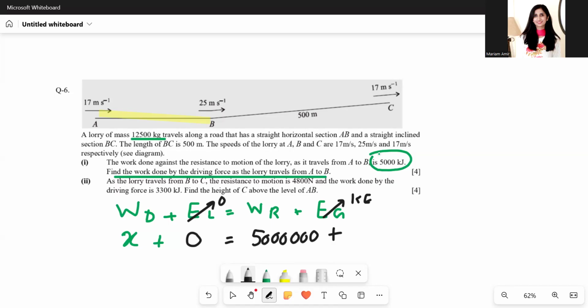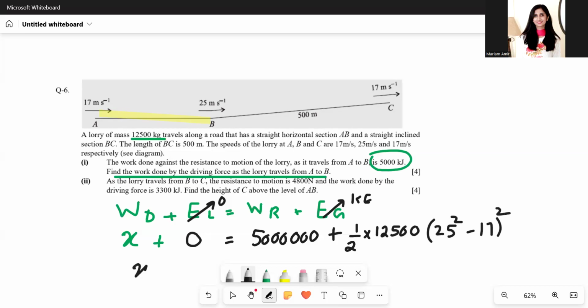I'm going to take half m common. So m is this 12,500. And now we subtract the speeds and square them. So the bigger speed first, 25 squared, minus the smaller speed.